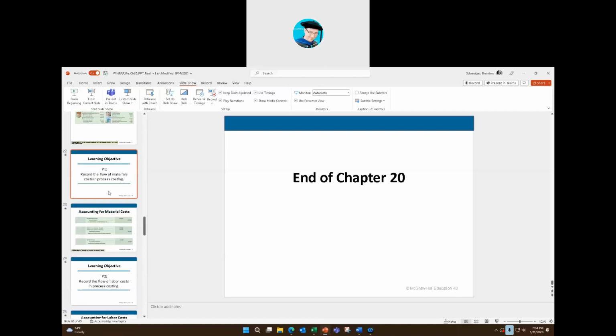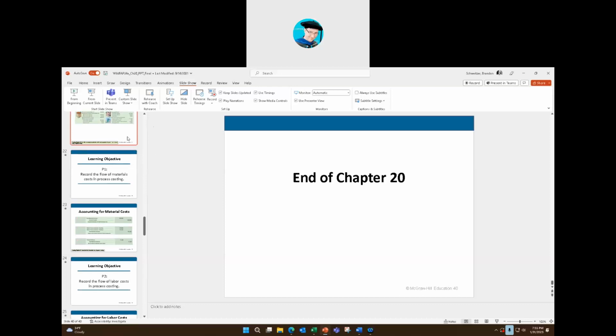Remember that with continuous process, it doesn't stop, right? It's continuous. So at each department within work in process, we're adding in additional direct materials, additional labor, additional overhead, adding up, adding up, adding up, at each department that the product moves through until it becomes finished goods.